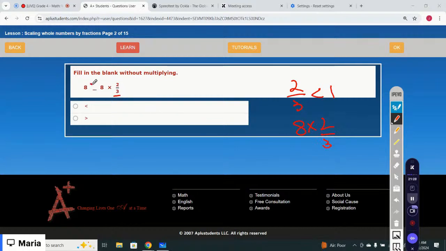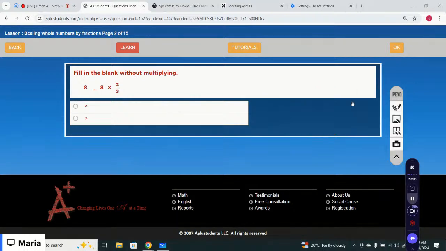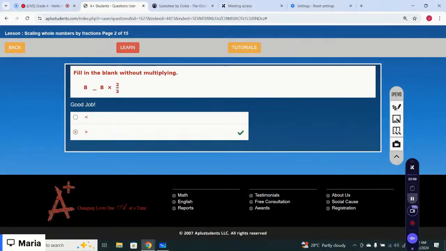So 8 is greater than 8 times 2/3. The correct option is 8 is greater than 8 times 2/3. Option number 2 is the correct option, greater.